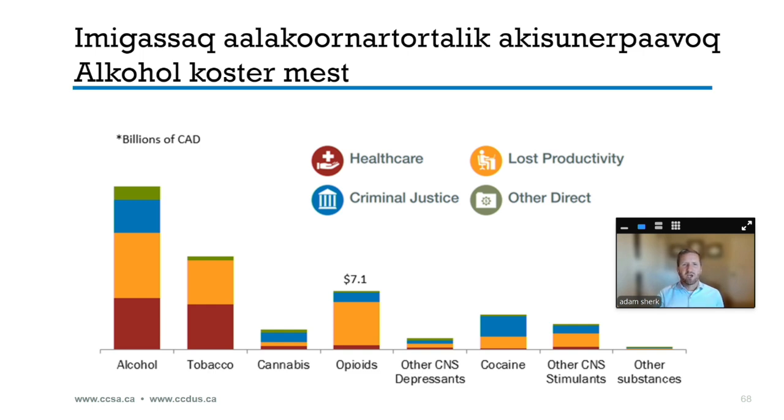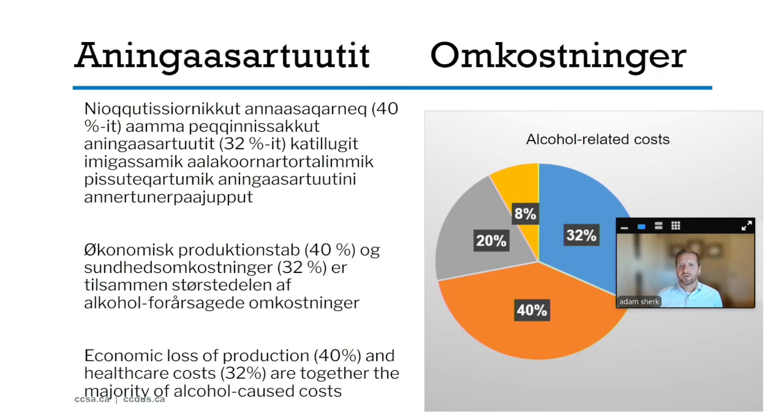When we compare the alcohol costs to the costs of other substances, tobacco, opioids, cannabis, you can see from the graph that alcohol sorts to the top. So it is the most costly substance in Canada. It costs Canadians the most. Because that was part of the project, I wanted to reflect on that as part of your exercise today. If we go to the next slide.